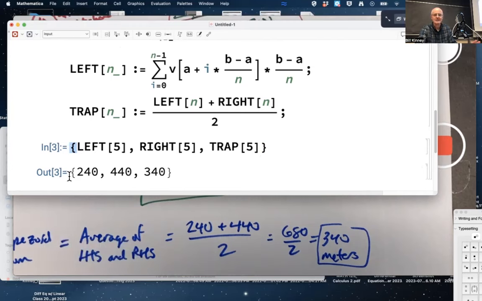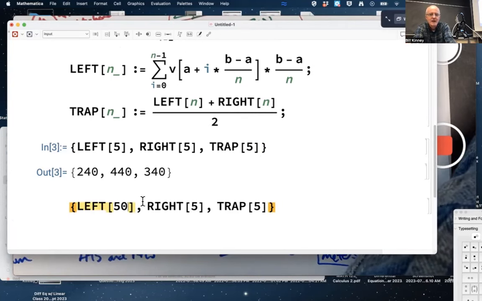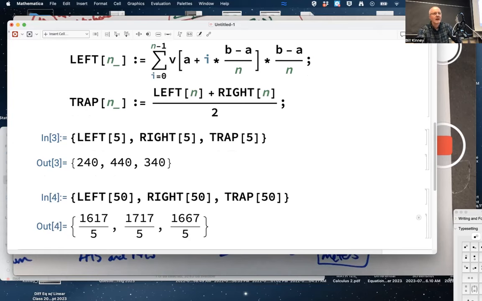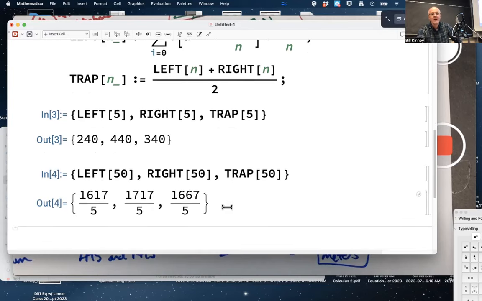Don't worry about it. Well, if I can do that for n equals 5, why not do it for bigger values of n? How about n equals 50? Probably going to give me crazy fractions. Okay, somewhat crazy. There they are.